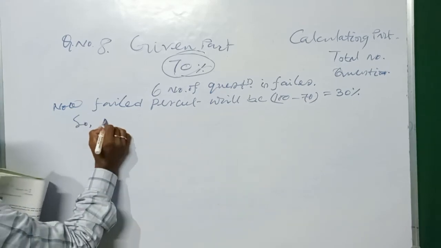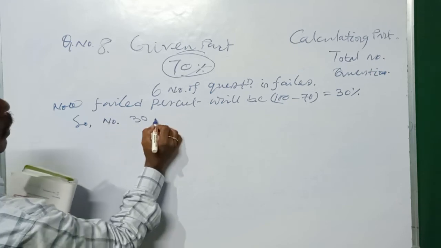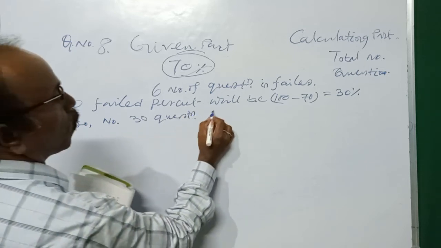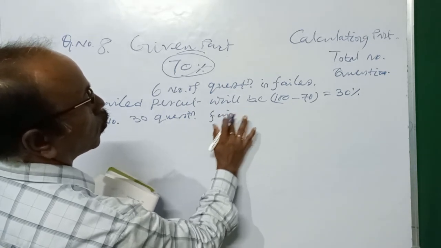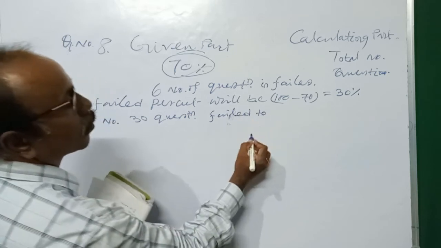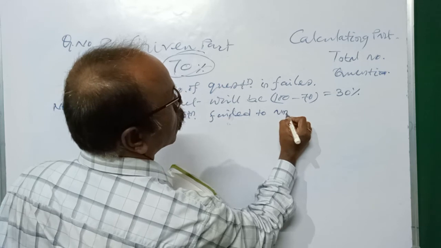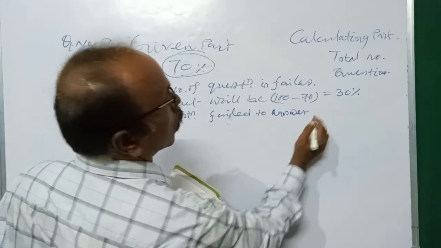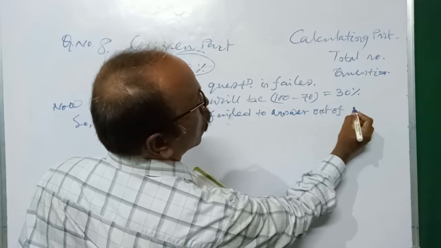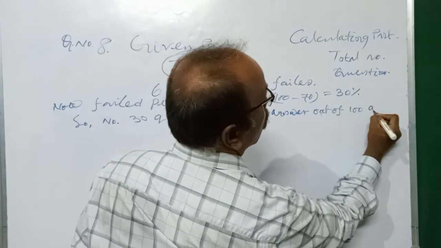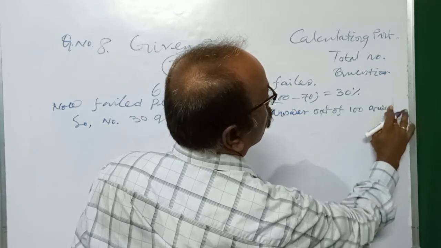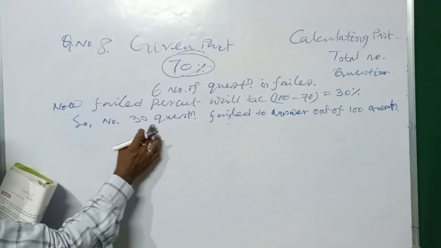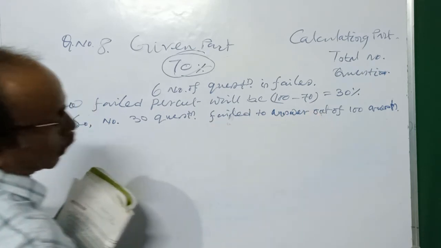So, 30 questions, number 30 questions failed to answer out of 100 questions. Am I clear? Number 30 questions failed to answer out of 100 questions.